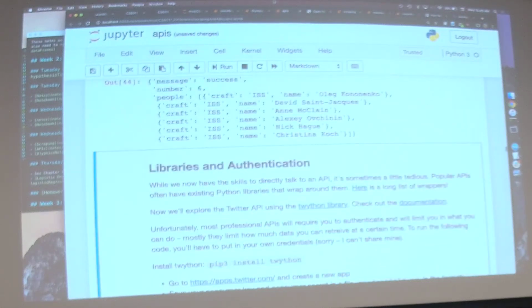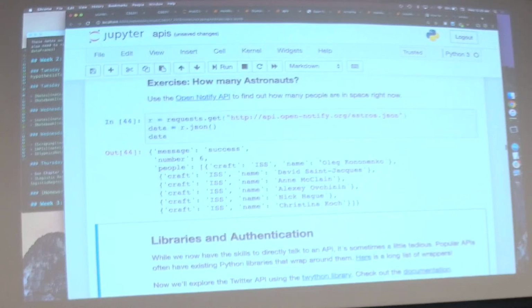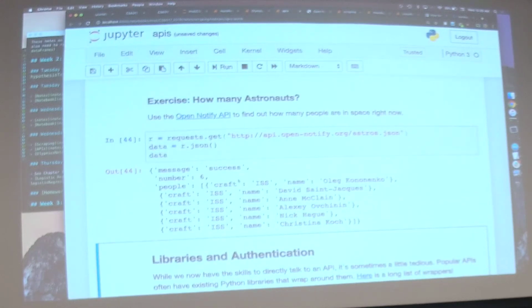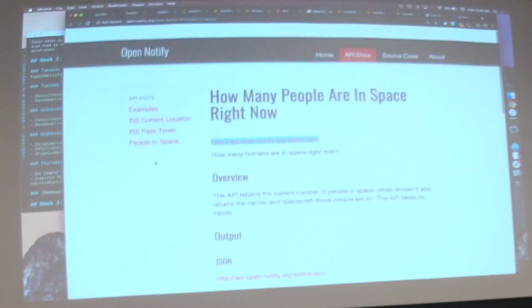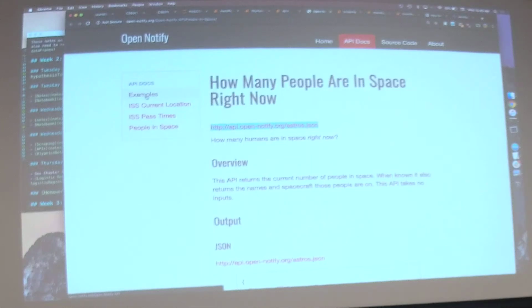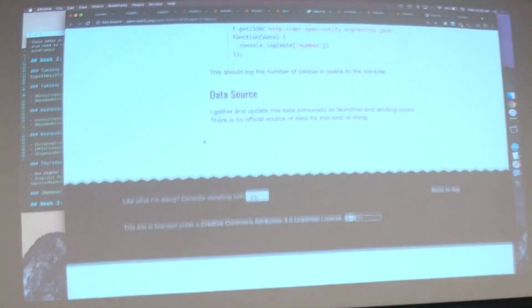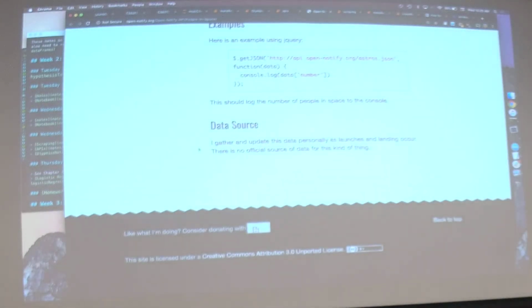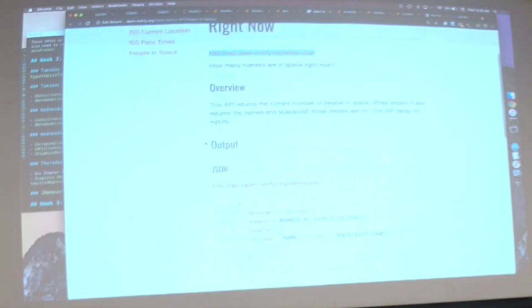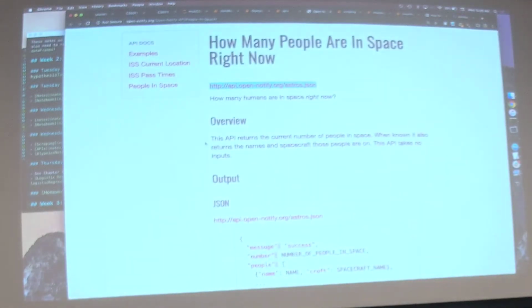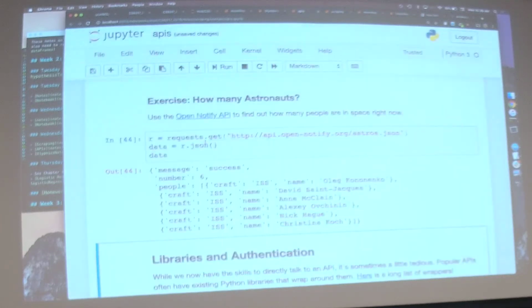Let's see. So there are currently 6 people in space, and they're all on the ISS. Yeah, this open-notify, I guess they're all space APIs. This is an example of one with no logins required or anything like that. A good one to play around with.